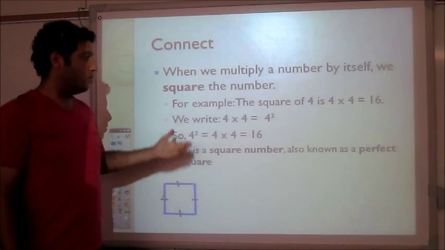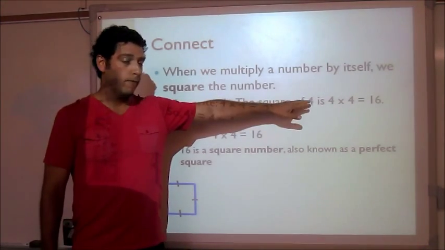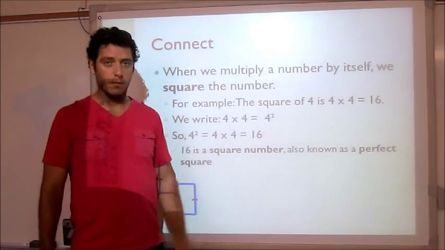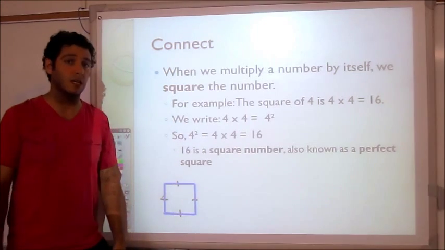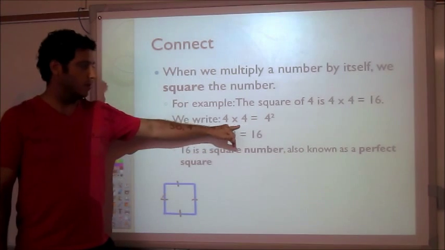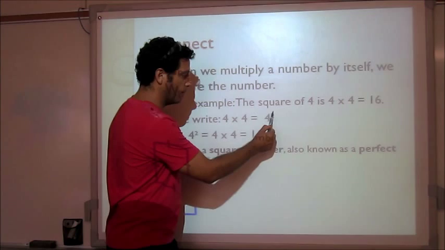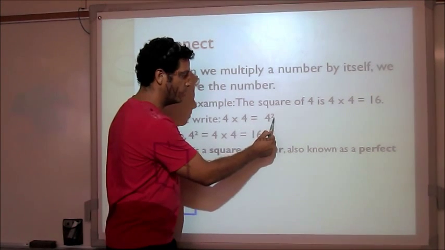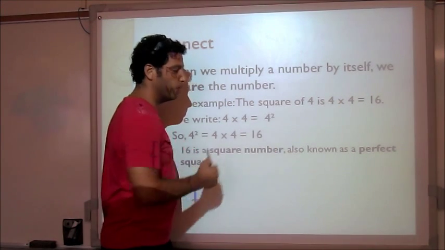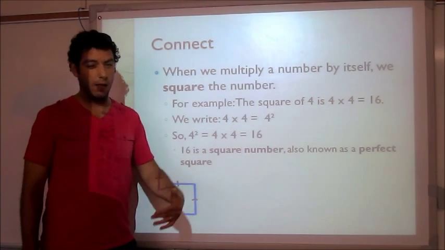Okay? So another example is 4. The square of the number 4 is 4 times 4, which is 16. We write it out like this. 4 squared is equal to 4 times 4. And we put this little 2 symbol up here. This is an exponent. We put this 2 up here to represent that we're actually multiplying the 4 by itself.